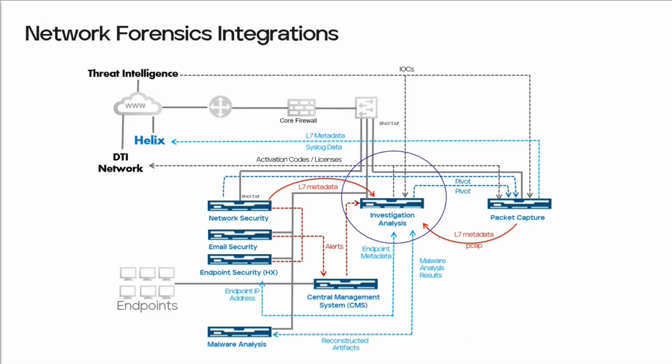You're interested in investigation analysis, and you can pull L7 metadata from a connected network security system. Or you may just have a network security system in a particular part of the network where you may not have packet capture deployed. You can configure it to pull L7 metadata both from the network security system and the packet capture system for PCAP data.